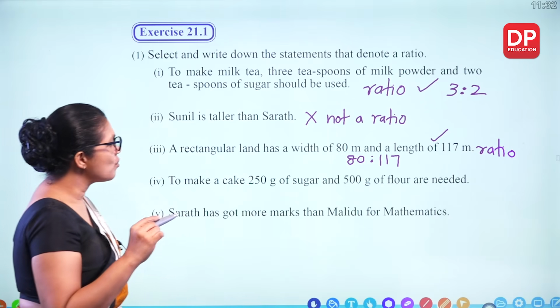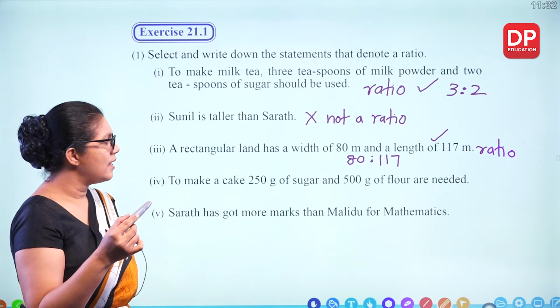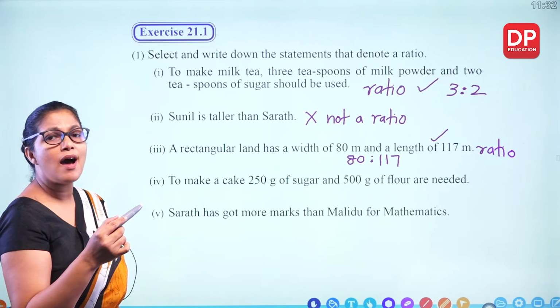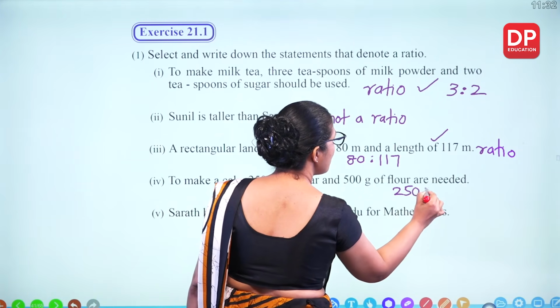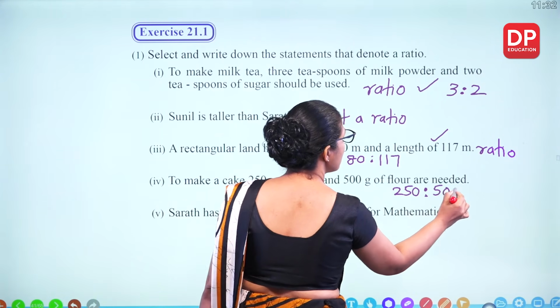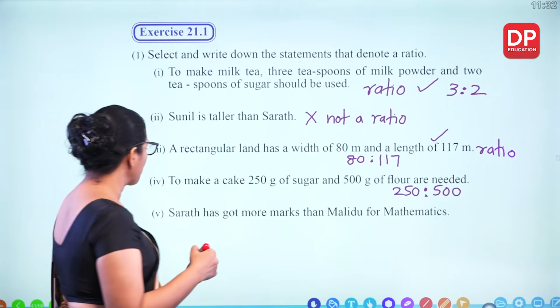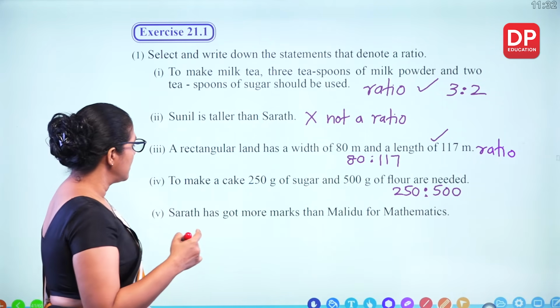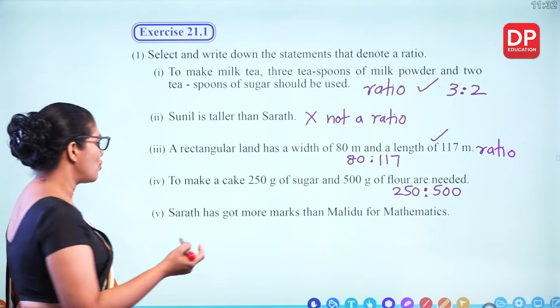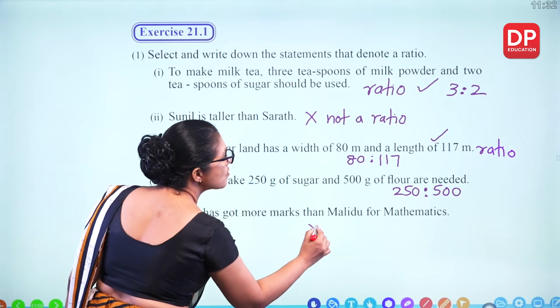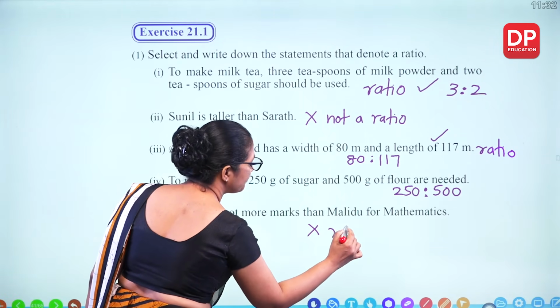To make a cake, 250 grams of sugar and 500 grams of flour are needed. So that's also a ratio. You can say 250 to 500 and you can simplify. Sarath has got more marks than Malindu for mathematics. We don't know by how much, so this is not a ratio.